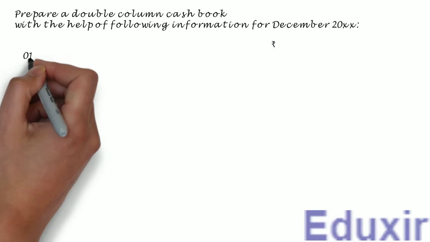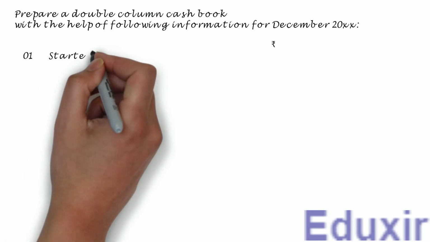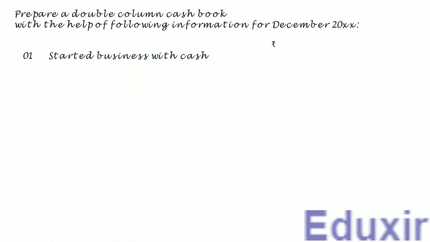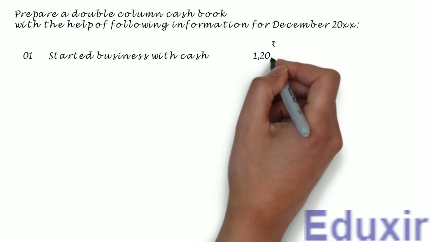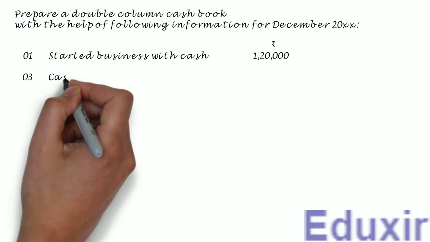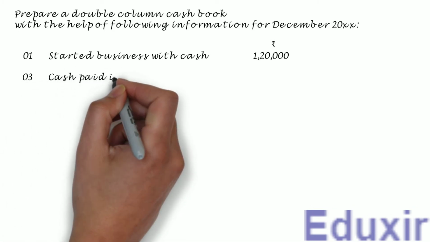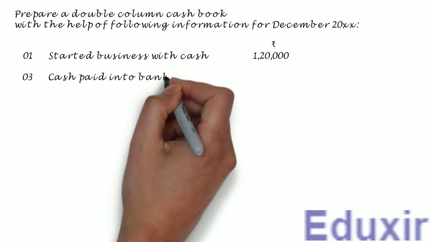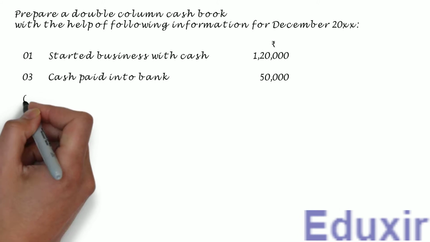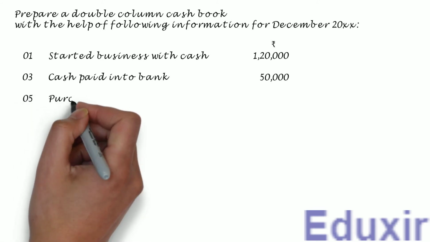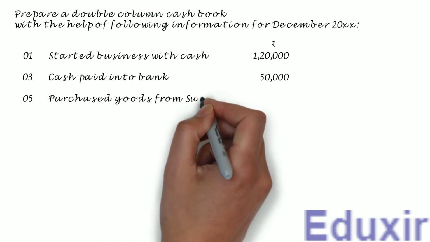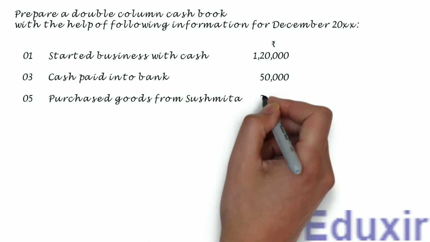On 1st December, started business with cash 1,20,000 rupees. On 3rd December, cash paid into bank 50,000 rupees. On 5th December, purchased goods from Sushmita 20,000 rupees.